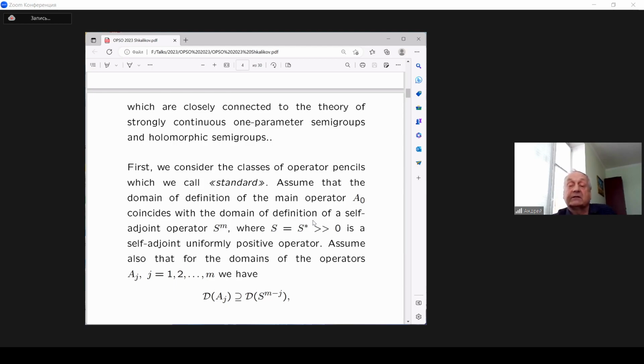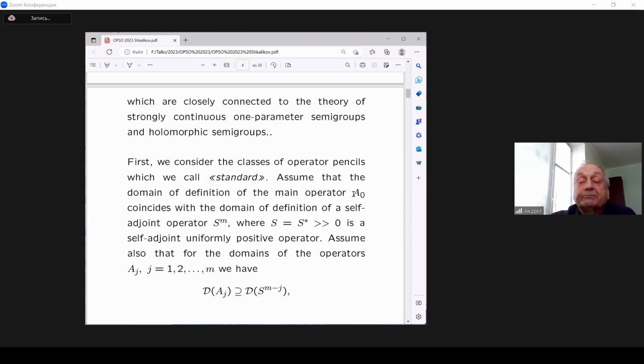First, we consider the classes of operator pencils which we call standard. Assume that the domain of definition of the main operator A_0 coincides with the domain of definition of a self-adjoint operator S to the power m, where S is a positive self-adjoint operator.